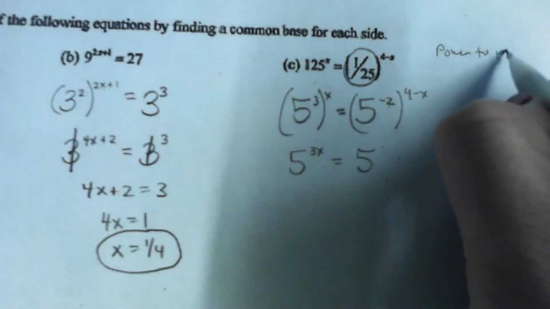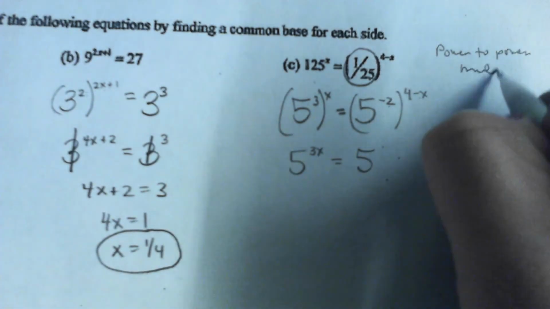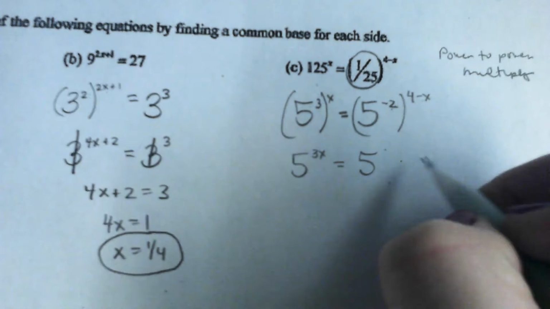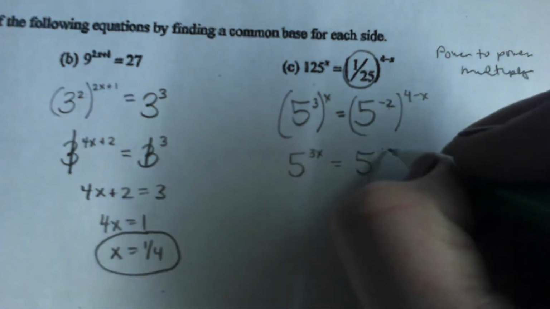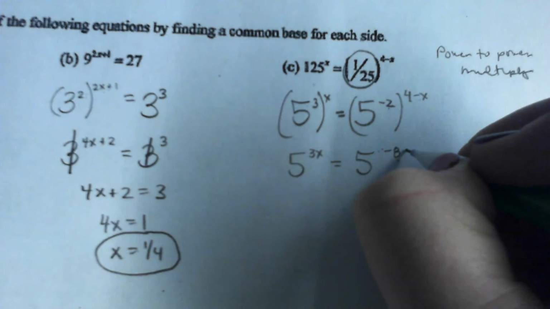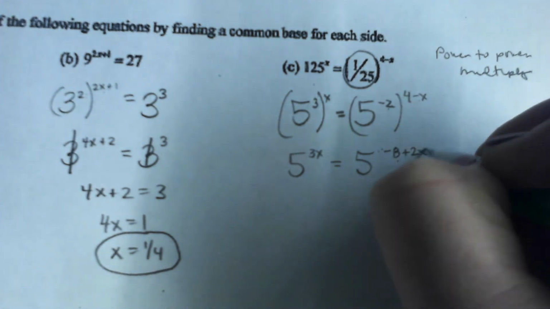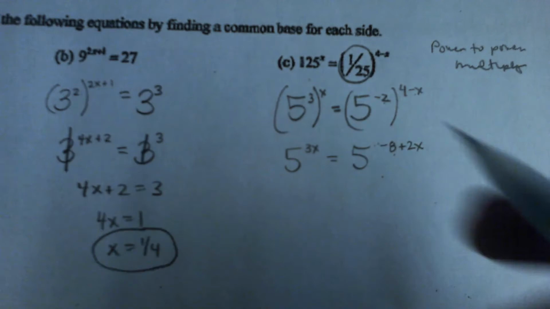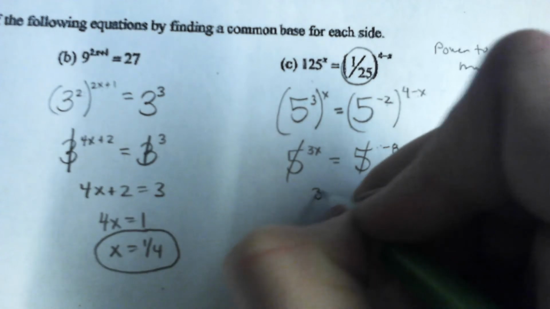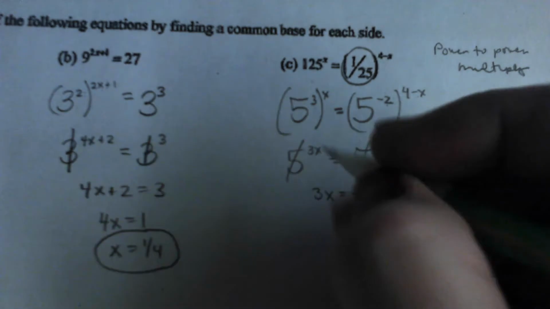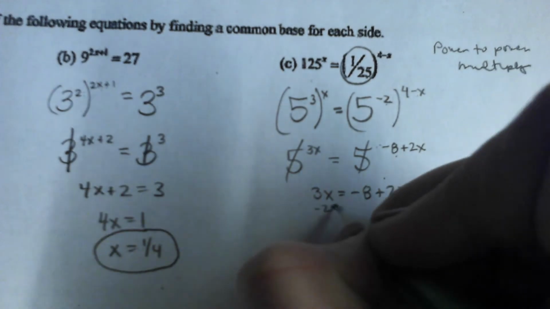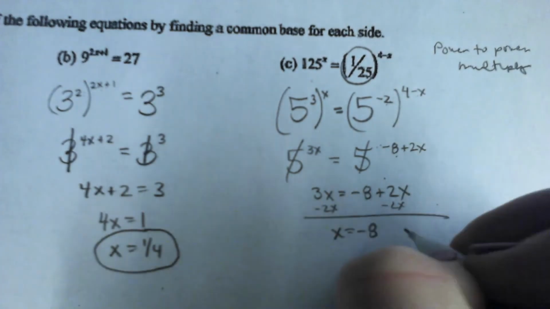Power to power means multiply. So what would the new exponent then be, Owen? Plus 2x. Good. So I have 5 to a power, 5 to a power, drop it, solve the equation that's left. I'm going to subtract my 2x over, and I'm done.